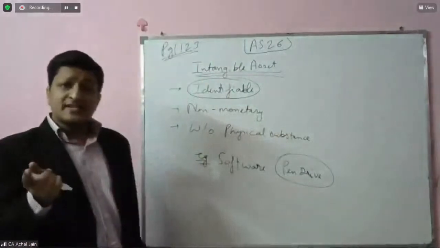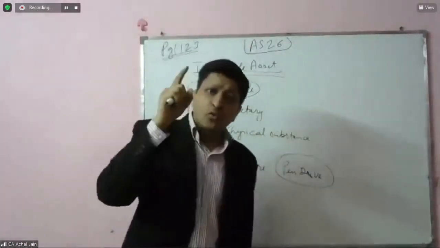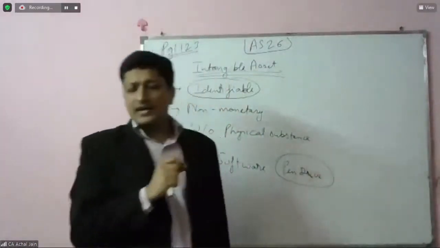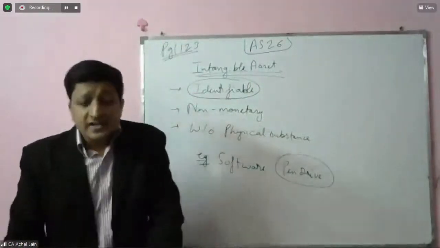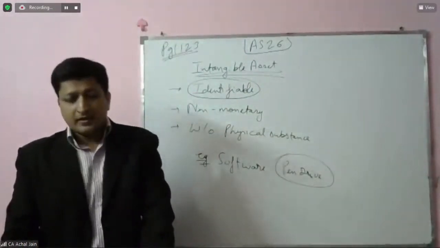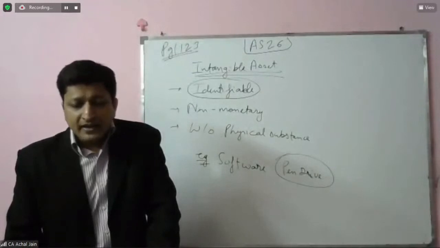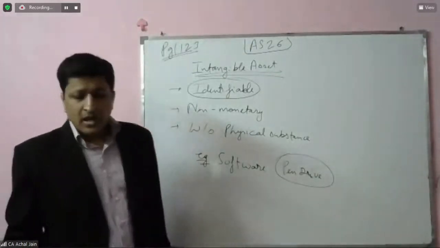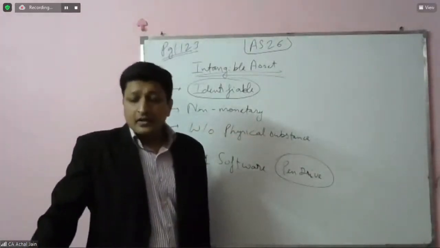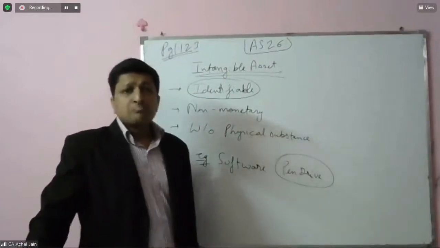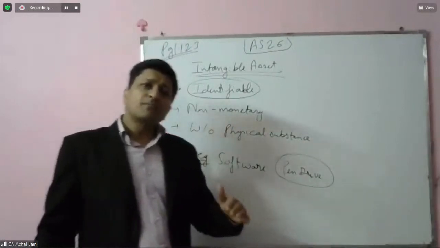An intangible asset can be recognized only if it is identifiable. So let's understand the meaning of identifiability. What do you mean by identifiability? Identifiability, you can say, means something which is capable of being separated.